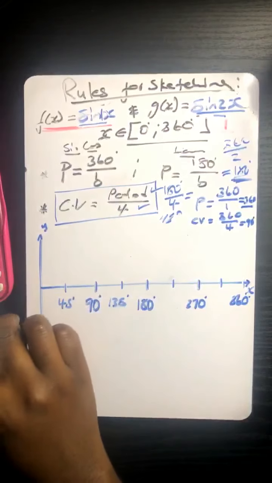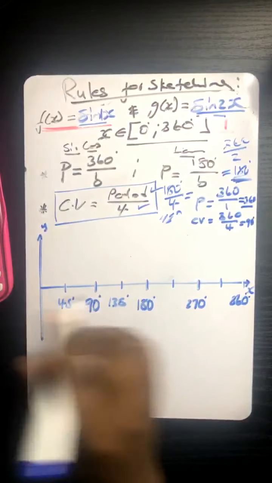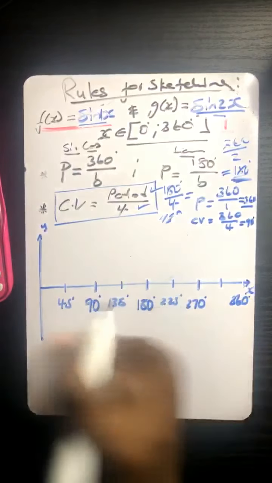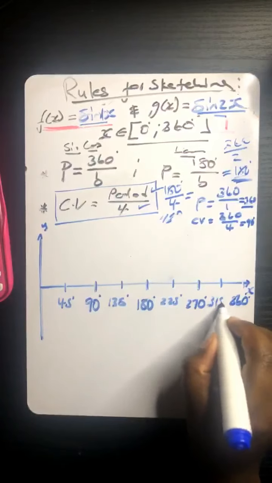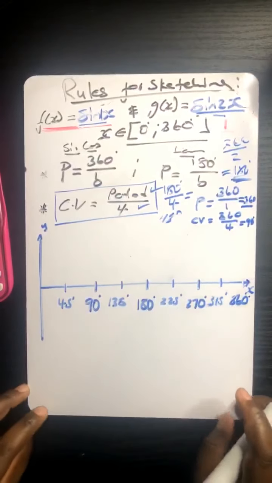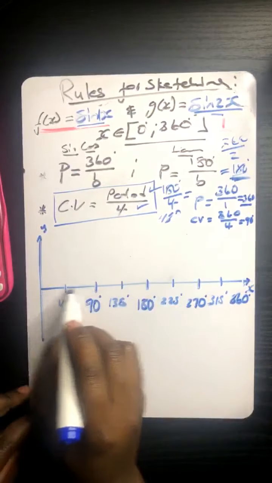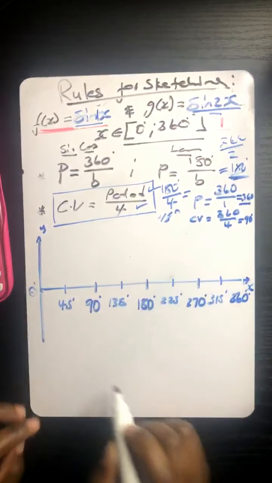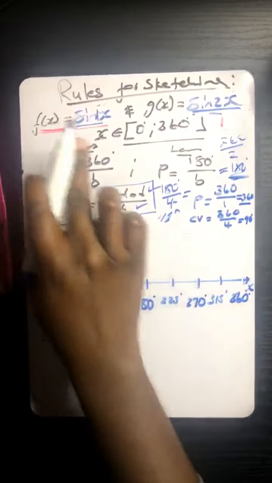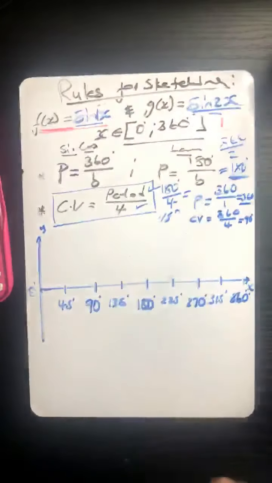Plus 45 is 180. Plus 45 is 225. Plus 45 is 270. Plus 45 is 315. So can you see? You just have everything at an interval of 45. Here is 0 degrees. So both of these functions will be accommodated in here.